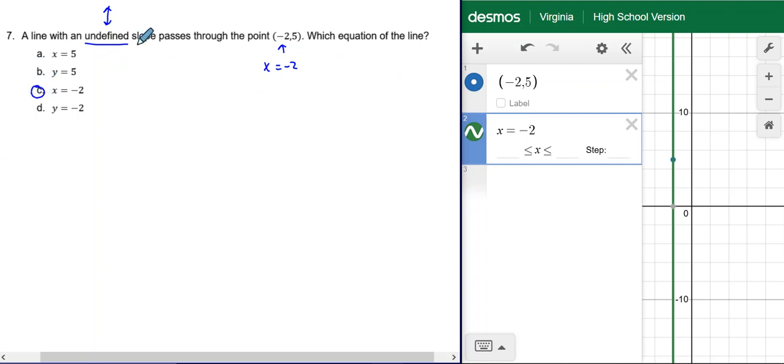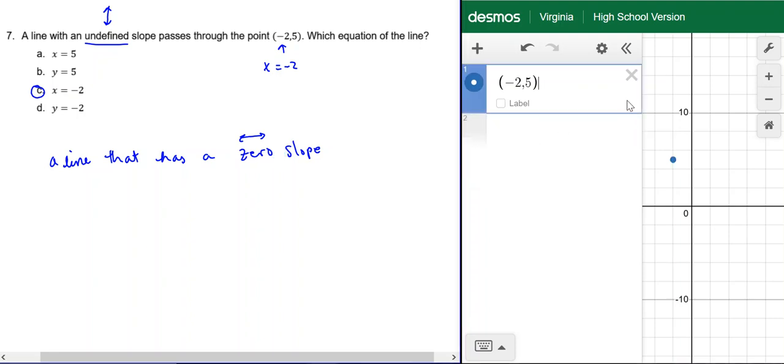Okay. If it said a line has 0 slope, then you would do y equals and then go from there. Let me give you an example. I'm just making up an example that has a 0 slope. So in your mind, you're going to say, well, 0 slope is a horizontal line.